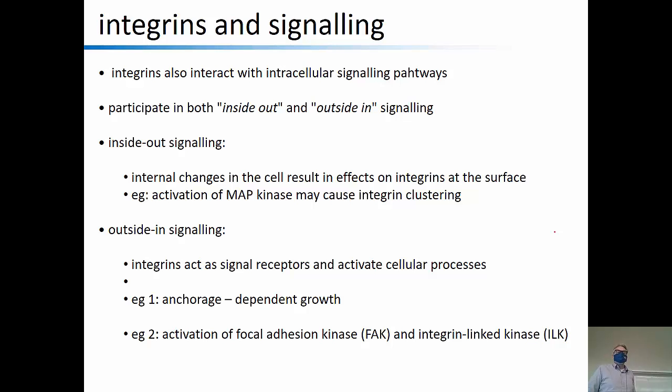In contrast, in outside-in signaling, when the integrins are bound to fibronectin or laminin, they will signal into the cell. And these will activate different signaling pathways that contribute to the survival of the cell, among other things. Because we talked about in our cell culture section how when they lose anchorage, the cells die, right?